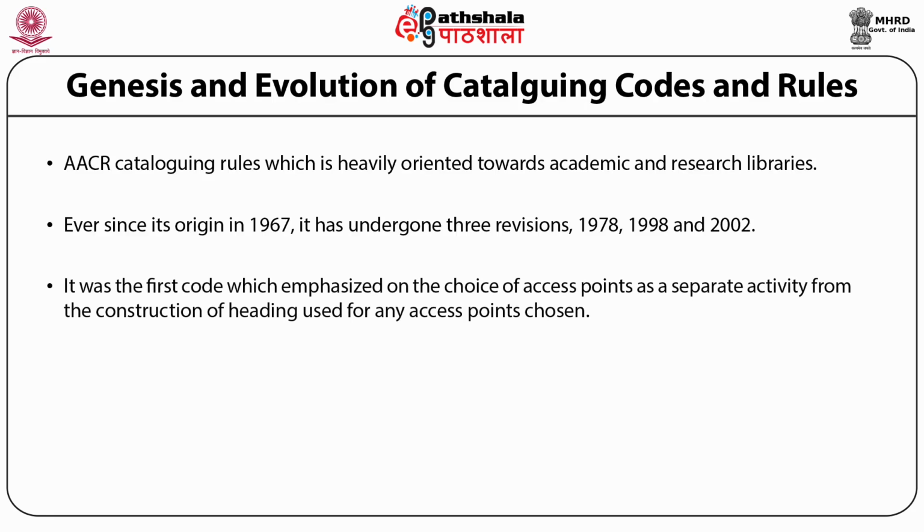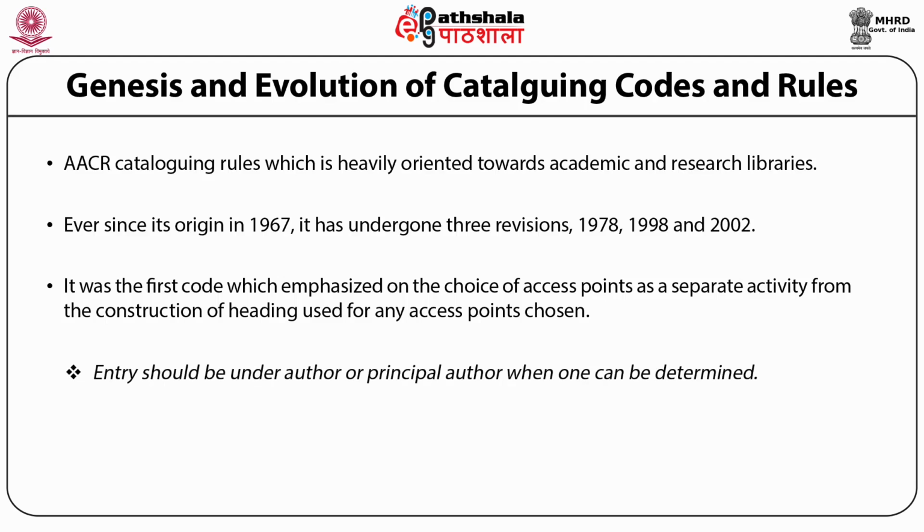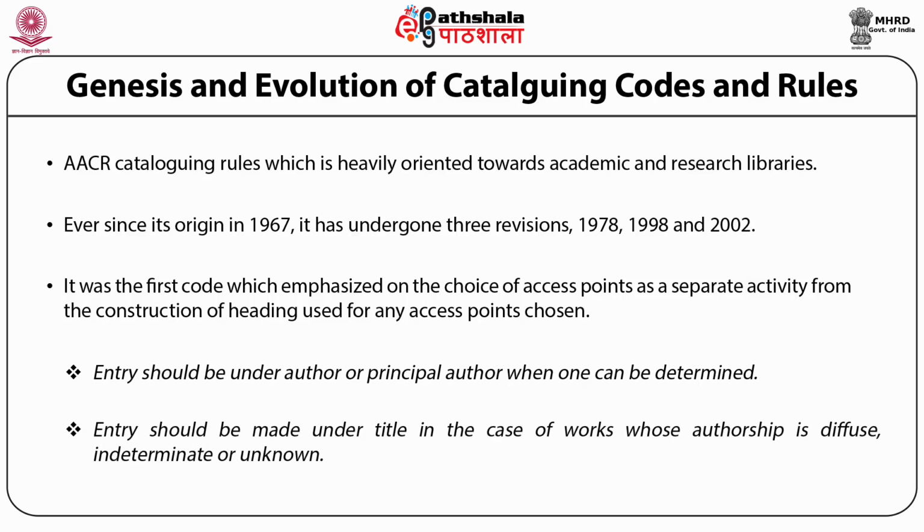It was the first code which emphasized the choice of access points as a separate activity from the construction of heading used for any access point chosen. That is, entry should be under author or principal author when one can be determined, and secondly, entry should be made under title in the case of works whose authorship is diffuse, indeterminate, or unknown.